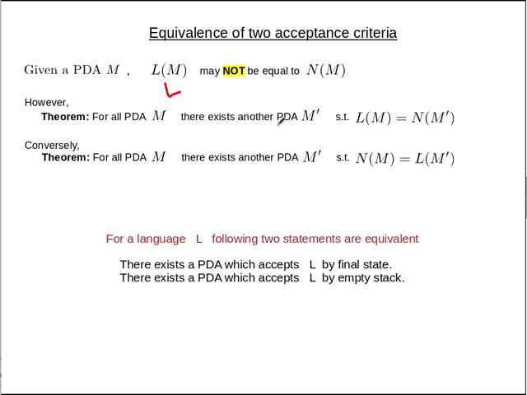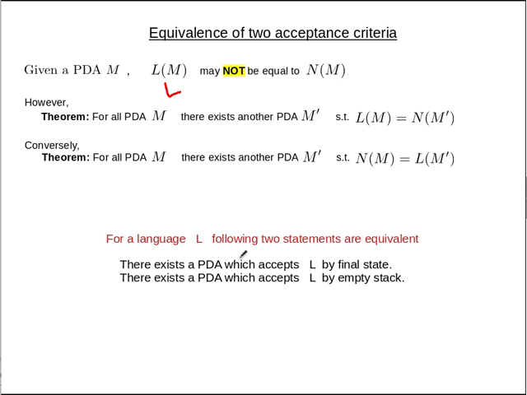And similarly, the converse is if you have some language L which is N of M for some M, right? So that means it is some language which is accepted by some PDA by empty stack. Then we show that there exists another PDA M prime such that this M prime also accepts this L via the final state criteria. Okay.